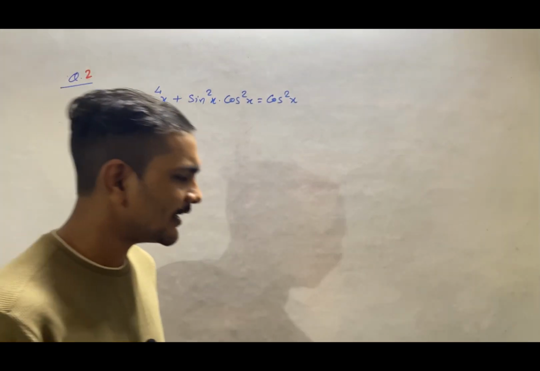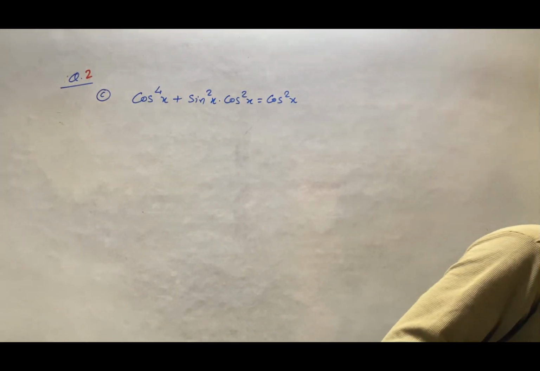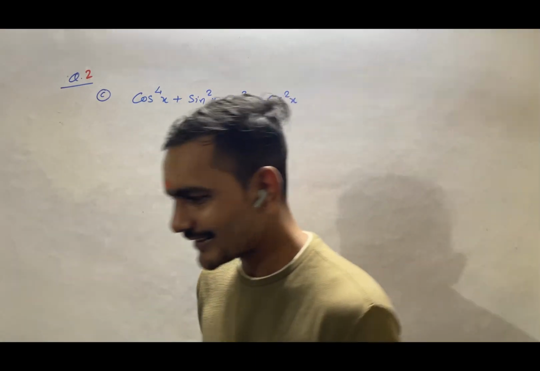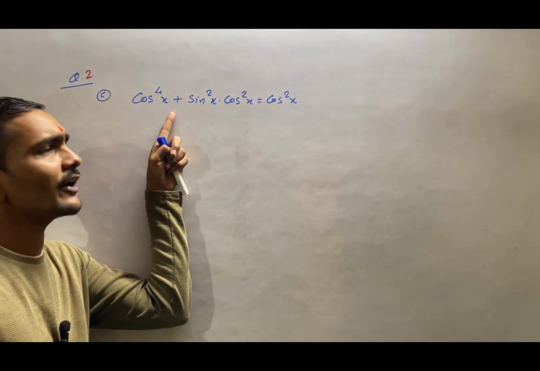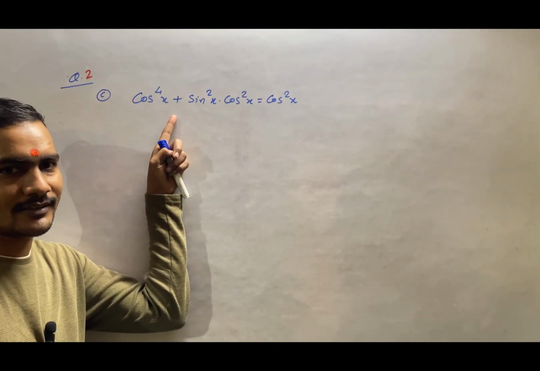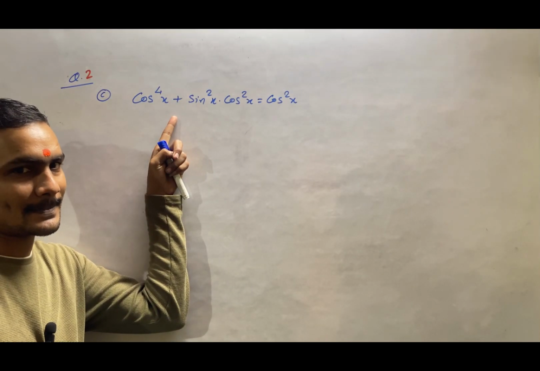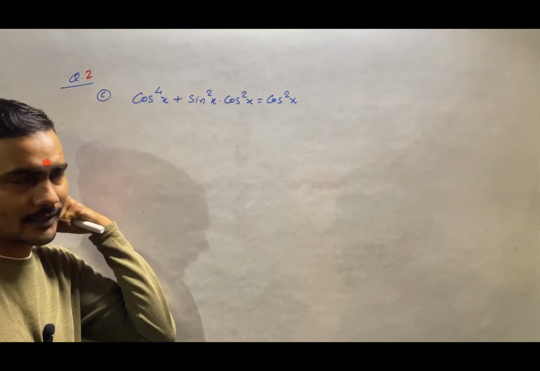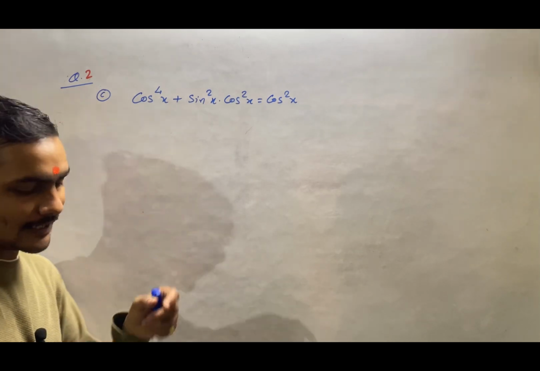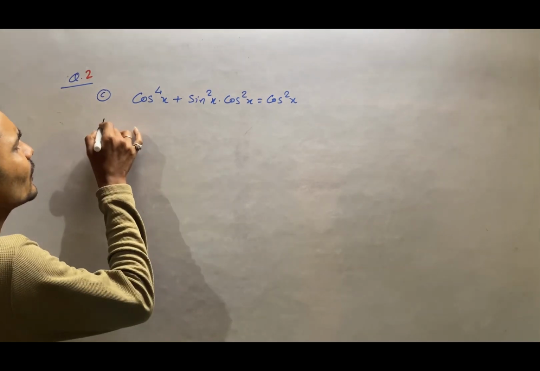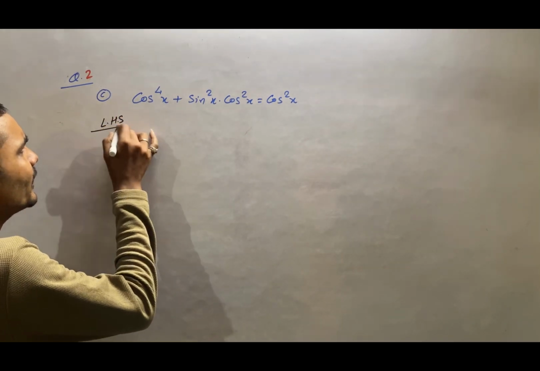Why are you dividing? Why are we taking square root? We can't take square root in LHS because we have two different terms. Okay, so just remember one thing. In LHS, look carefully.